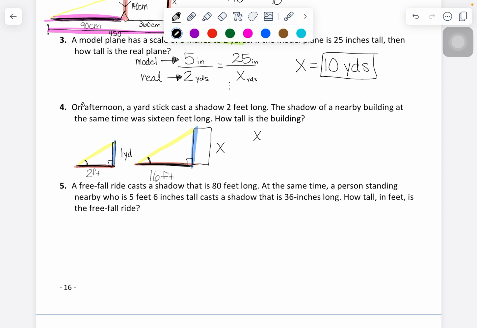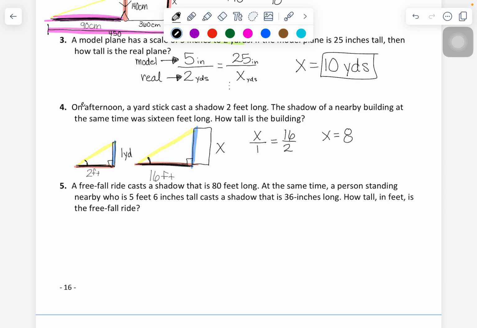I like to start with x. X over 1 equals, since I started with x, which was from the building, I need the building shadow over the yardstick shadow. Cross multiply to solve, and I will find that x is equal to 8.